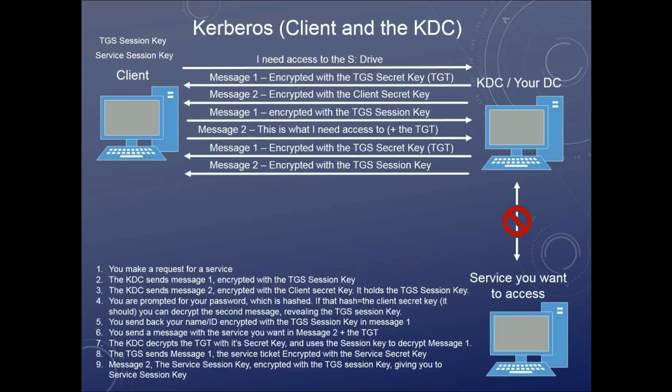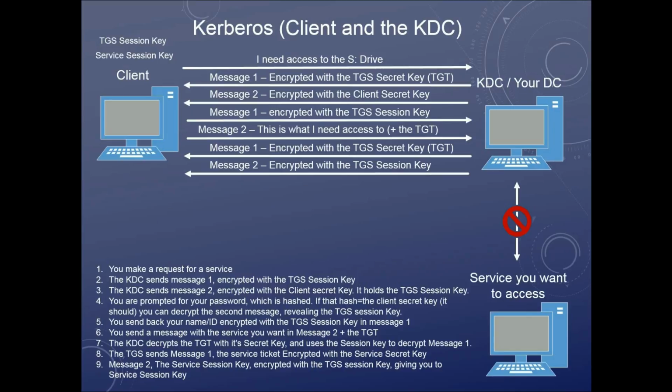The very first message is now the service ticket, saying, okay, the service is available, everything's okay, and it is going to encrypt it with the service secret key. And in message 2, the service session key, encrypted with the TGS session key, gives you the service session key, because you already hold the TGS session key.